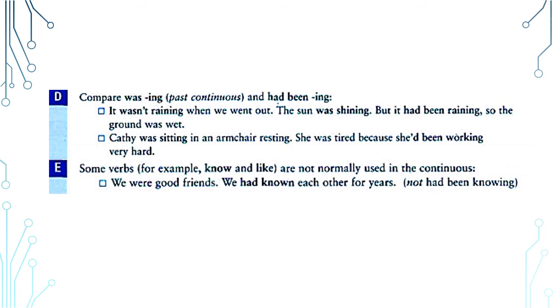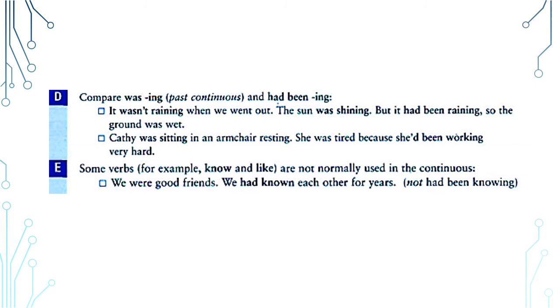Some verbs, for example, know and like, are not normally used in the continuous at all. You cannot use them in the present continuous, past continuous, present perfect continuous, past perfect continuous, future continuous, any continuous tense, because they do not refer to actions, they refer to a state of mind.